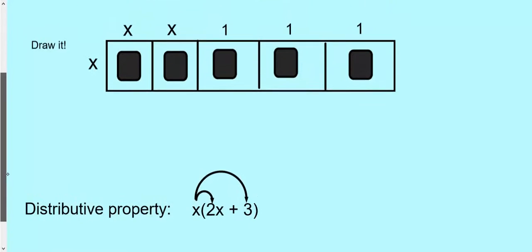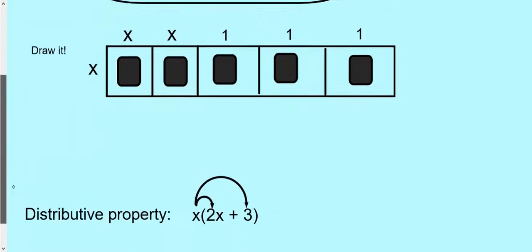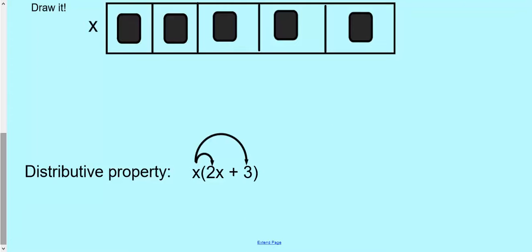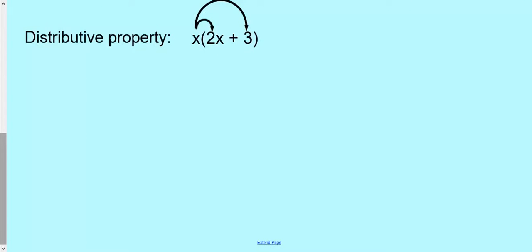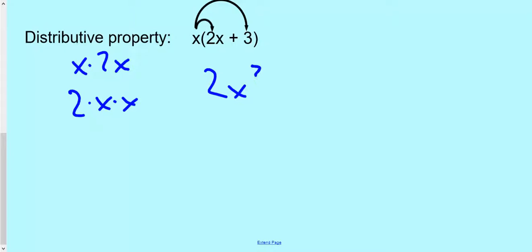I'm going to show you guys using the distributive property because most of you will use that method anyway. So we're going to do x times 2x, and that is 2 times x times x, so 2x squared. And then we're going to do x times 3, which is 3x. Okay? And that is multiplying a monomial times a binomial.